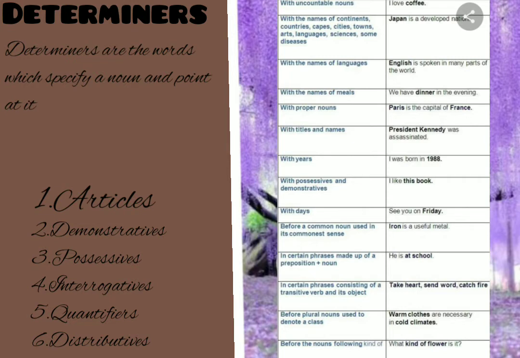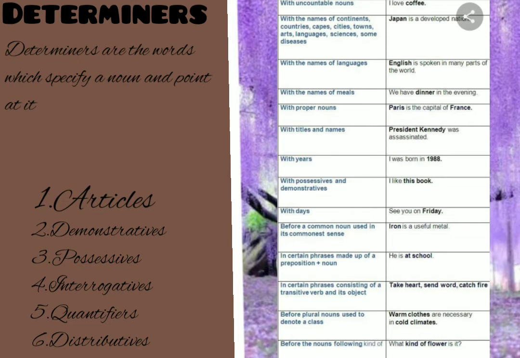We omit it with possessives and demonstratives, like I like this book. This book, this is a demonstrative, but we omitted the article before it. With days, see you on Friday. What is Friday? The name of a day, and we omitted the article here. We did not use any article here.